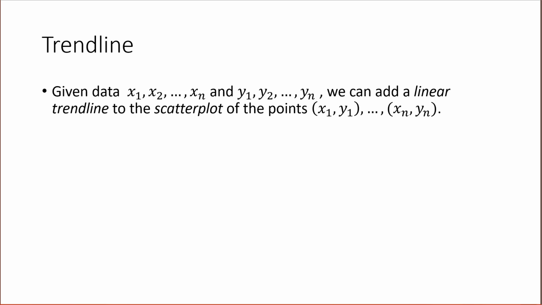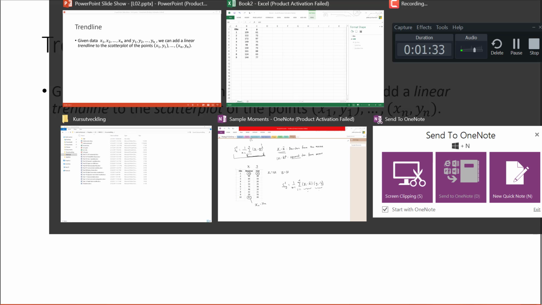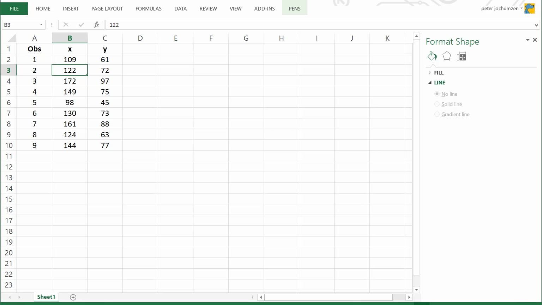We expect the value of x to influence the value of the y data. And we would expect that the more the students study, the higher will be the result on the exam, keeping other factors constant. So here's a particular sample that we can look at. I have in this case 9 observations, 9 students.